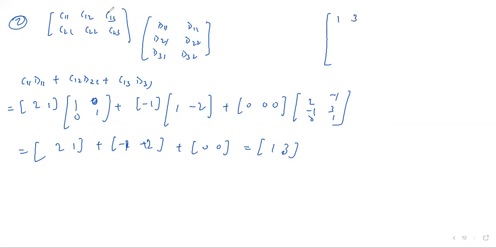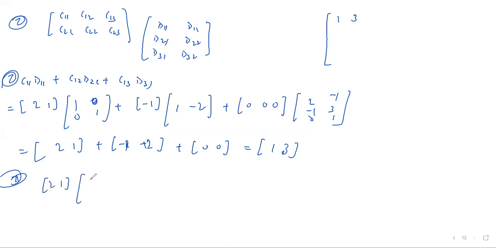Okay, let's perform another one, which is C11 D12, C12 D22 plus C13 D32. So it will give us 2, 1. This is my C11.